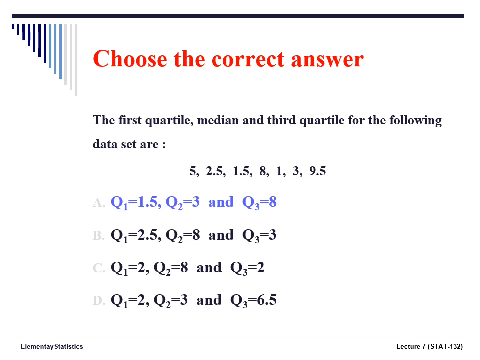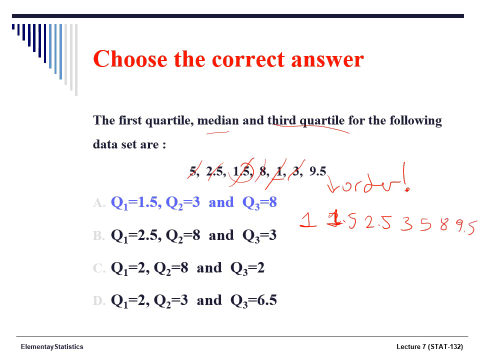Now find the first quartile, the median, and the third quartile for this data set. The first thing you have to do is order the data. Let's say 1, then 1.5, then 2.5, and then 3, and then 5, 8.5.